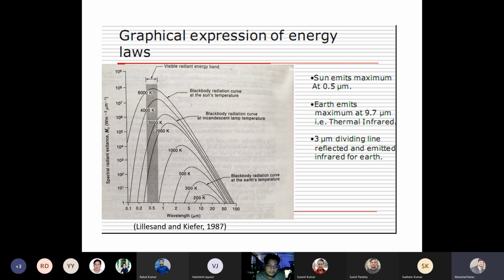The sun's surface temperature is considered constant at 6000 degrees Kelvin, and that radiated energy varies with respect to wavelength. Similarly, if you see the plot at 300 degrees Kelvin, this plot tells us how the energy radiated from Earth changes with respect to the wavelength.